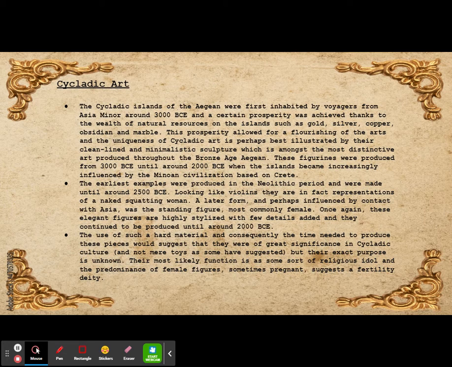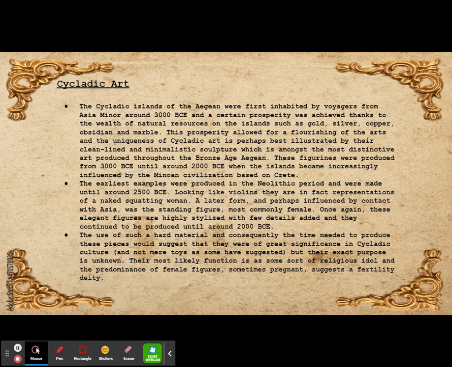First thing we're going to be talking about is Cycladic art. And here I have found information about the Cycladic islands and the people and whatnot. And of course, it was mostly from Asian minority, and that was around the 3000 BC era.